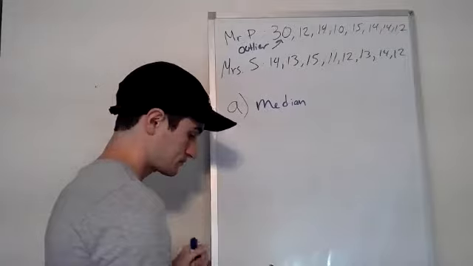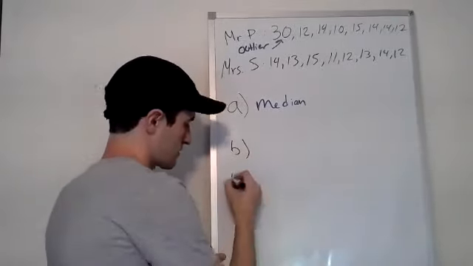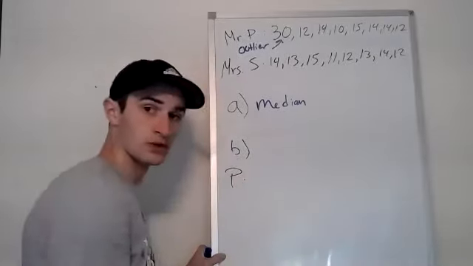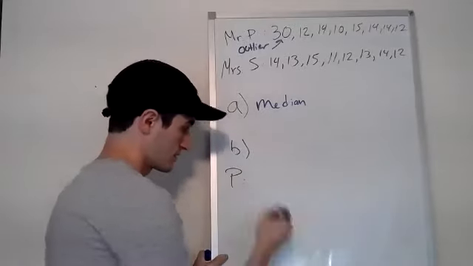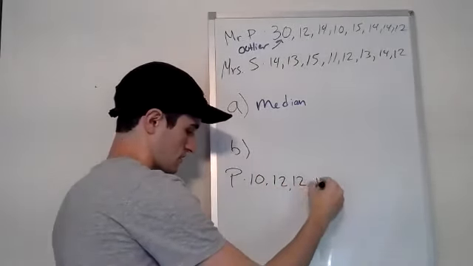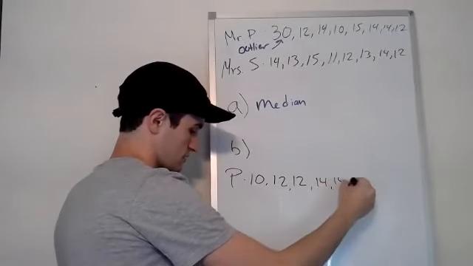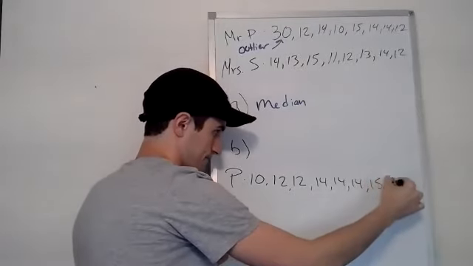So this is part B. In Mr. Parker's class, remember, to find the median, you gotta list everything in order. So that's 10, 12, 12, 14, 14, 14, 15, 30.